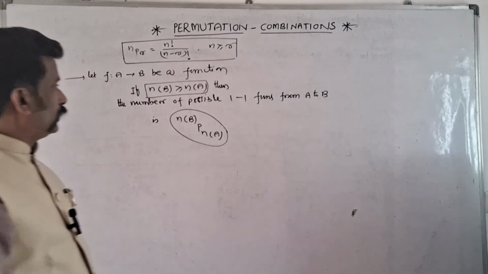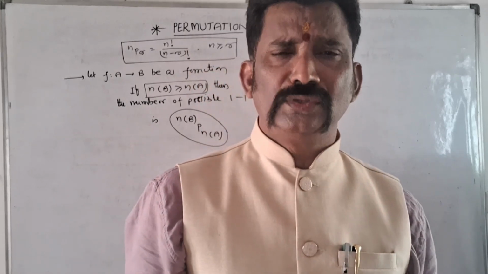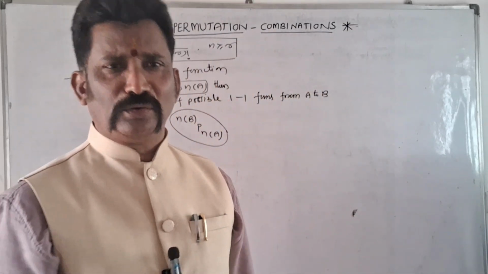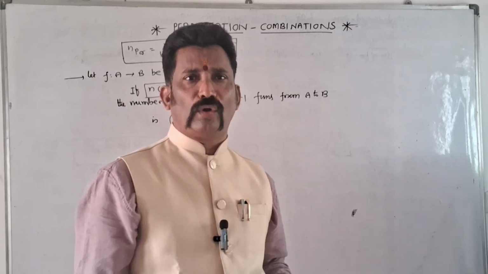Right. Yes, next one. Suppose, sir, if n of B is less than n of A, what is the position? Zero. Obviously zero. For the options given, once you check it, zero is there or not.